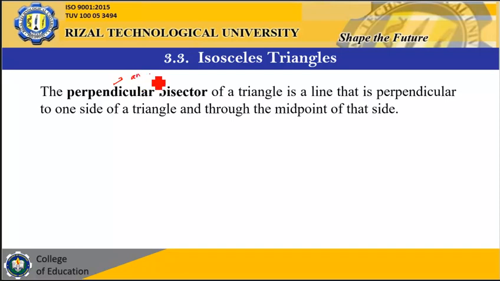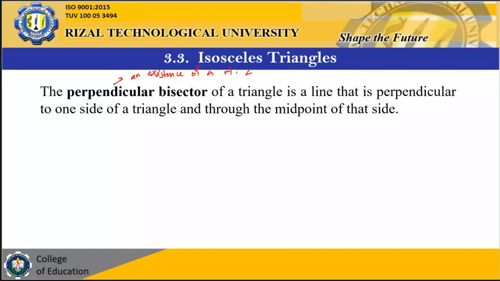And a bisector must pass through the midpoint and divide the segment into two congruent segments. So the perpendicular bisector of a triangle is a line that is perpendicular to one side of a triangle and passes through the midpoint of that side.